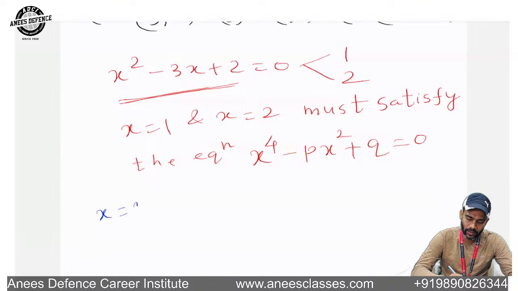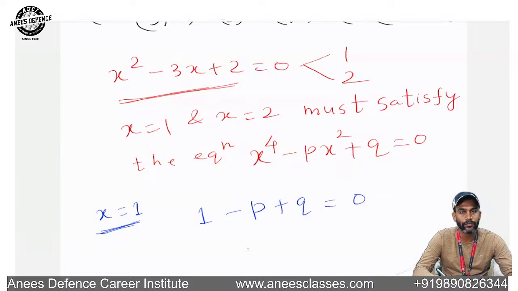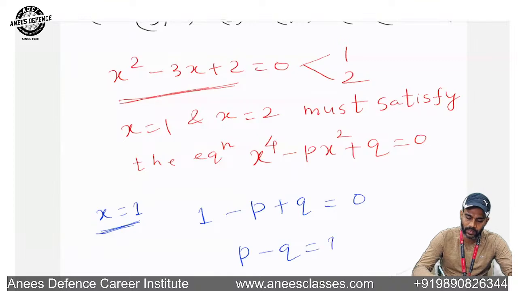So x is equal to 1. If you put it, what will we get? 1 minus p plus q is equal to 0. So I can write p minus q is equal to 1. This is the first equation.